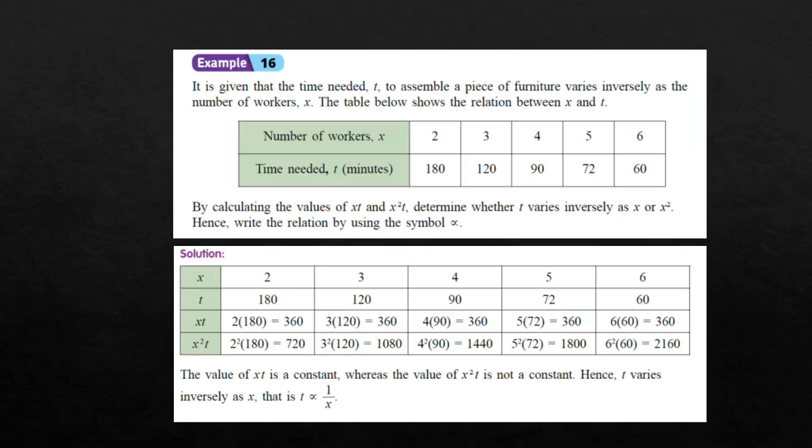So we look at one example, example 16. It is given that the time needed t to assemble a piece of furniture varies inversely as what? The number of workers, x. The relation between x and t is shown here.